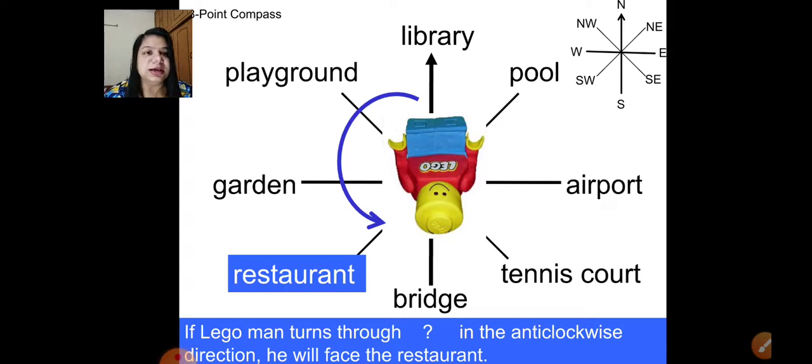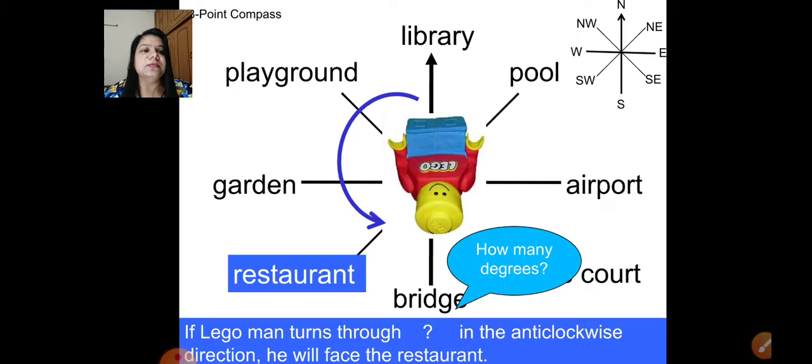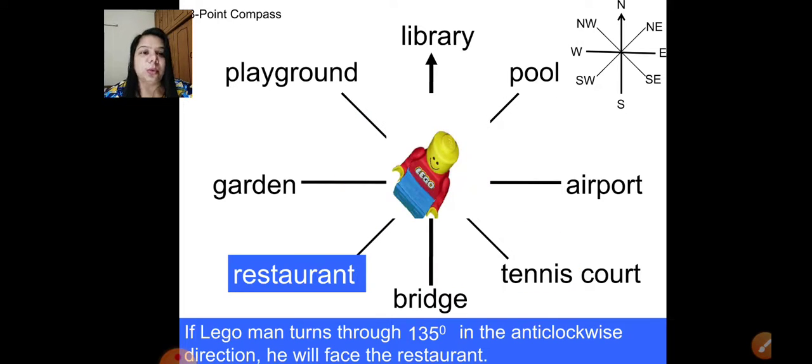Or you can say library to garden in anti-clockwise direction the angle is 90 degree, and then garden to restaurant the angle is 45 degree anti-clockwise. So the angle will become how many degrees? 135 degrees. Okay, 90 plus 45, 135 degree anti-clockwise direction.